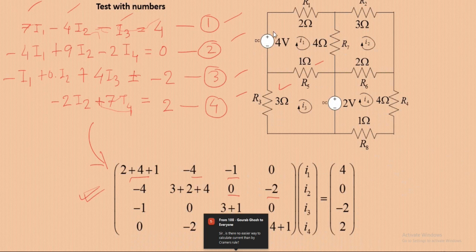Someone has written something in chat. Is there no easier way to calculate current than by Cramer's rule? I don't think so. You can definitely subtract 2 equations or find one with respect to another, then substitute. There are many methods. You have learned such methods in probably 9th standard, maybe lower than that.